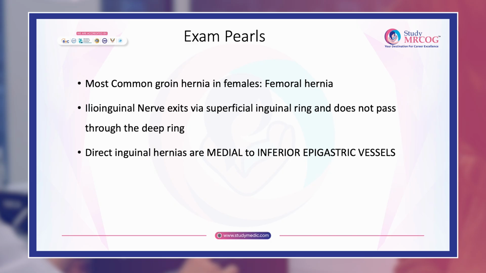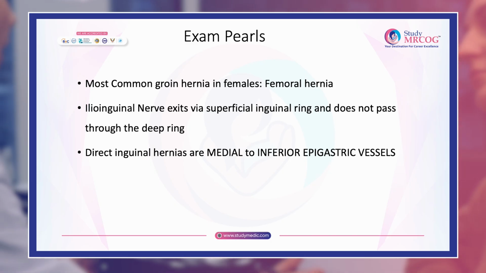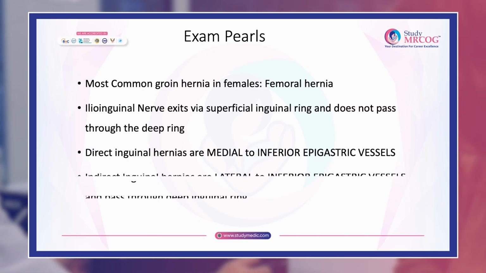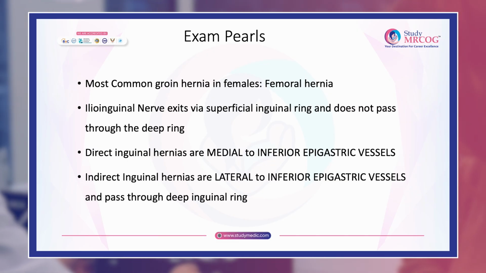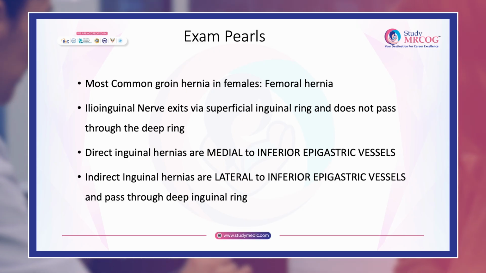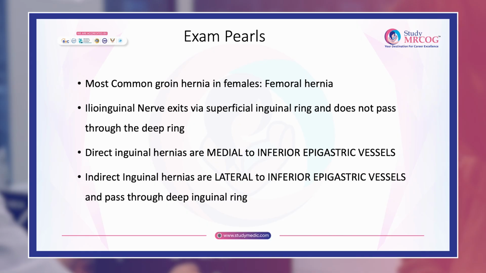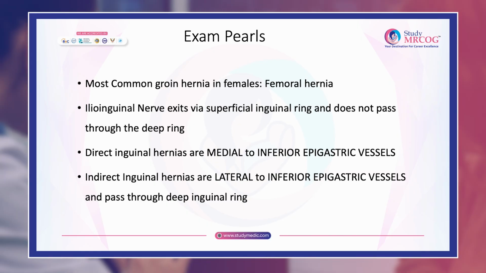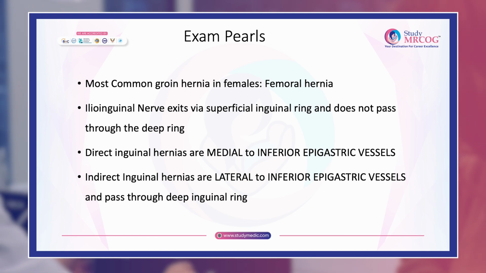Direct inguinal hernias lie medial to the inferior epigastric vessels and are more commonly seen in older individuals. The indirect inguinal hernias are lateral to the inferior epigastric vessels and they pass through the deep inguinal ring. The congenital inguinal hernias, or hernias presenting in the younger age group, are most commonly indirect inguinal hernias.